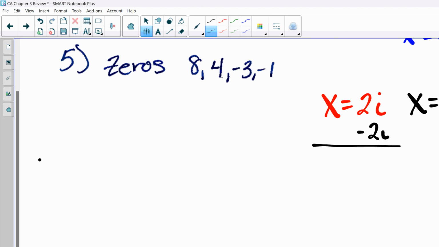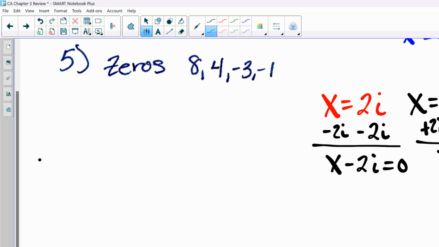For the first one here, we would just subtract 2i, telling us x minus 2i equals 0. For the next one, we would add 2i, telling us that x plus 2i equals 0. Do the same thing with the radicals. Get those equal to 0.